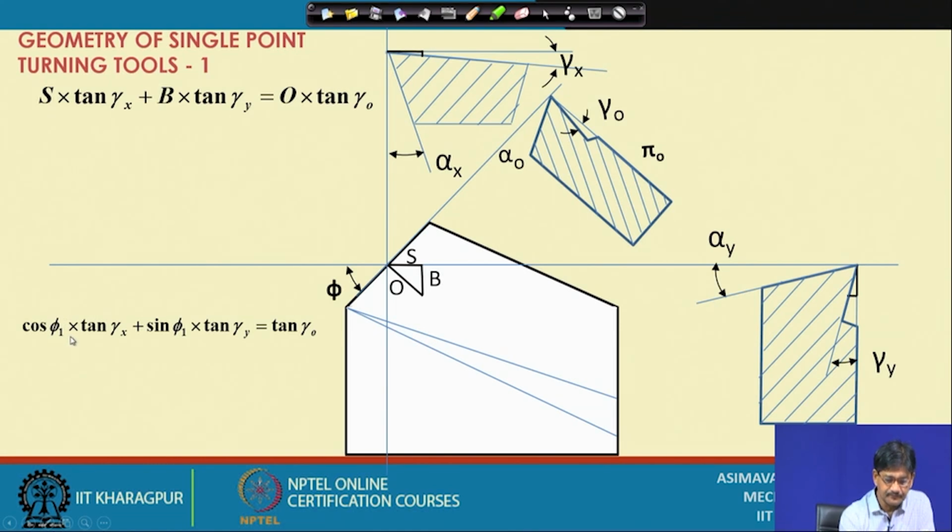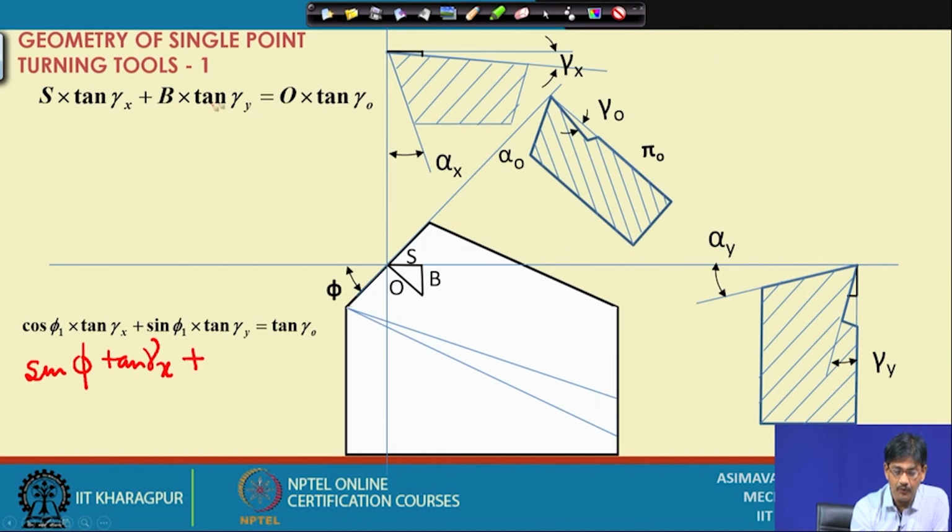I will do one thing. Let me see if I can write here, then that will be an advantage. So, we can write here S by O is nothing but sin phi into tan gamma x, plus, what is this term?